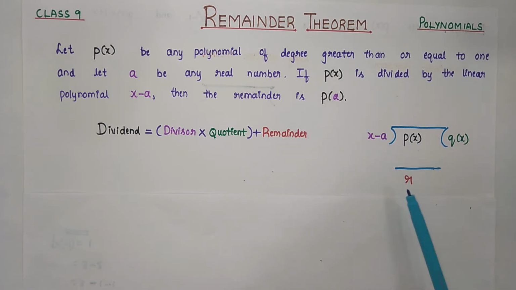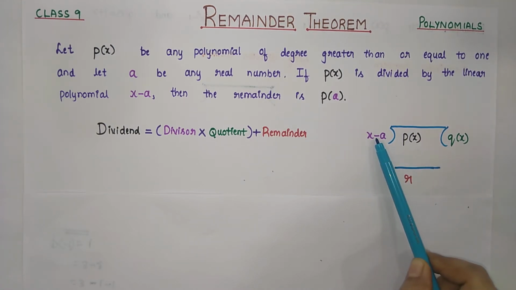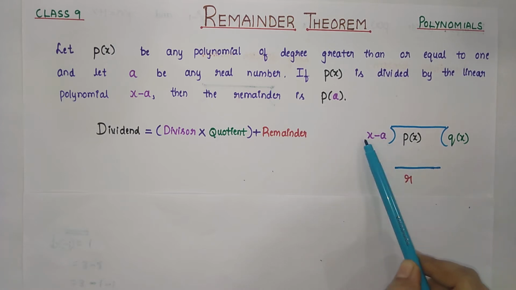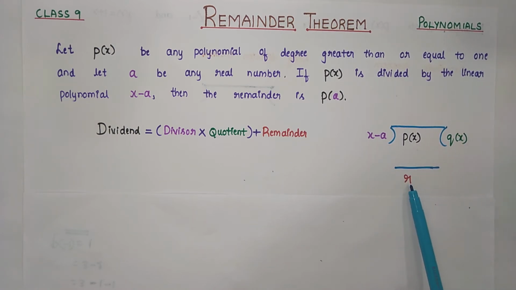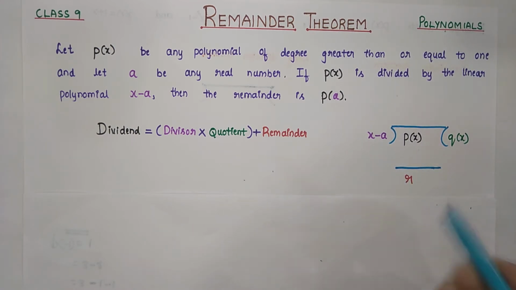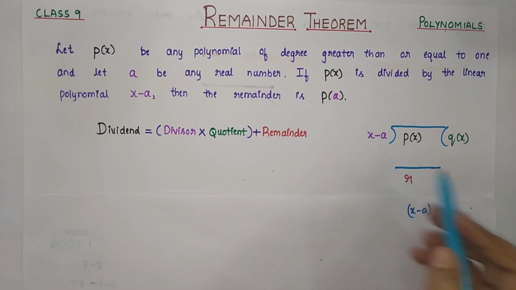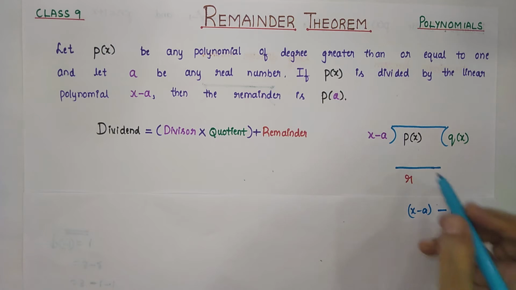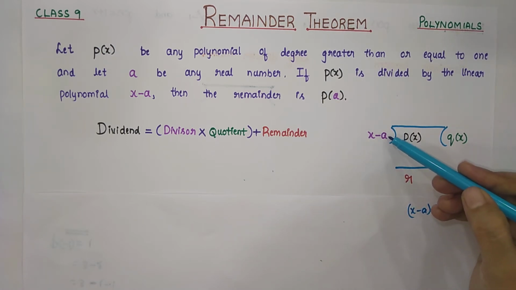Similarly, in division of polynomial also, the degree of the remainder is always less than the degree of the divisor, and here the degree of the divisor is 1 since it is a linear polynomial. So the degree of the remainder should be less than the degree of the divisor.